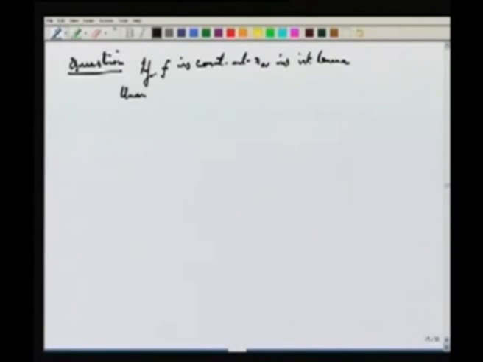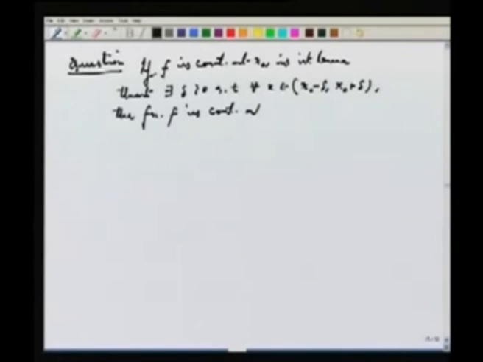So the question is, if f is continuous at x naught, is it true that there exists delta bigger than 0 such that for all x in x naught minus delta, x naught plus delta, the function f is continuous at all x?